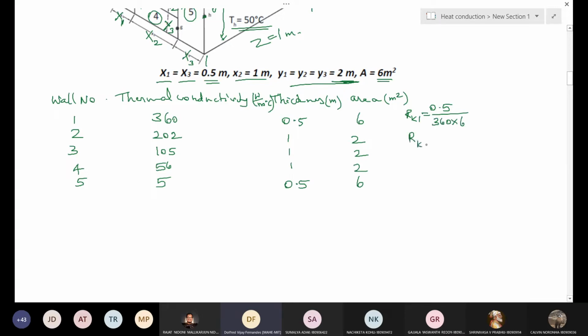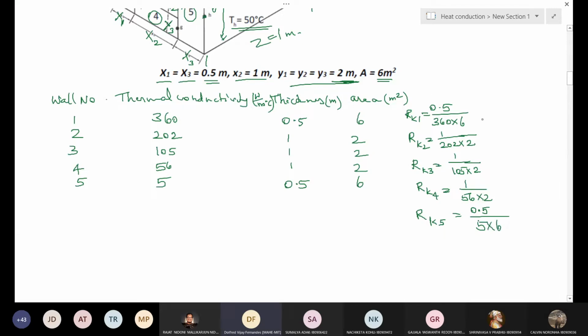Similarly RK2, 1 by 2 into 202 into area 2. RK3, 1 divided by 105 into 2. RK4, 1 divided by 56 into 2. And RK5, 0.5 thickness divided by 5 into 6 area.